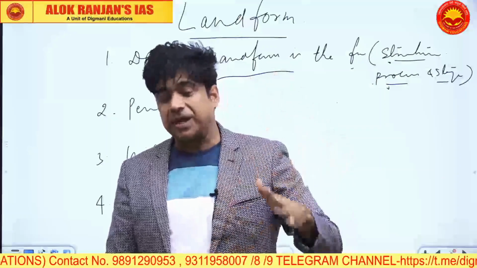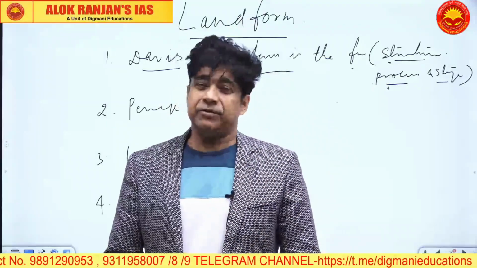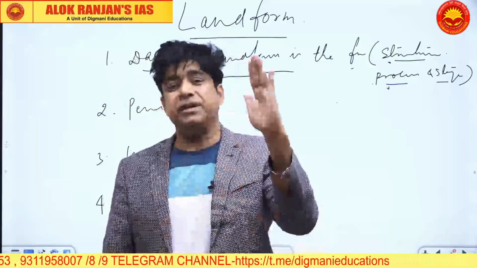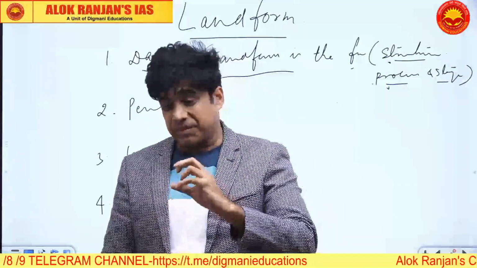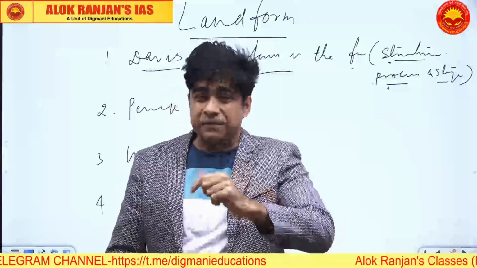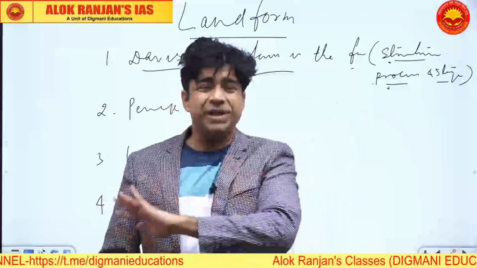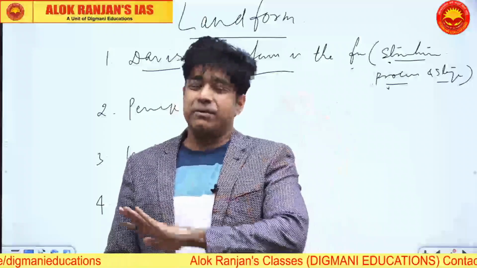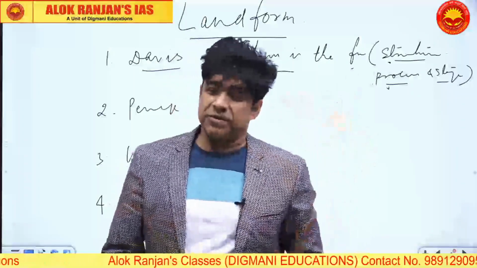And you will find that Aravalis are in old stage. And very soon, Aravalis will be lost in oblivion, and even the minor altitudes which are the leftovers of the Aravalis, even that will be removed, obliterated from the landscape, and the story of Aravalis will be over. Like your or my or anybody's life story will be over.